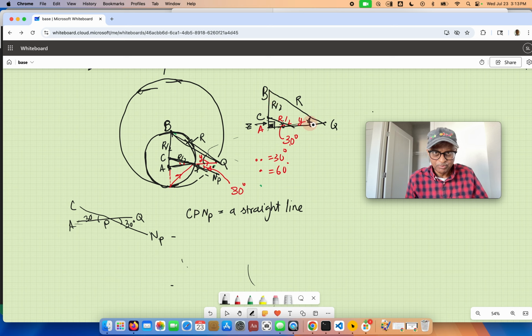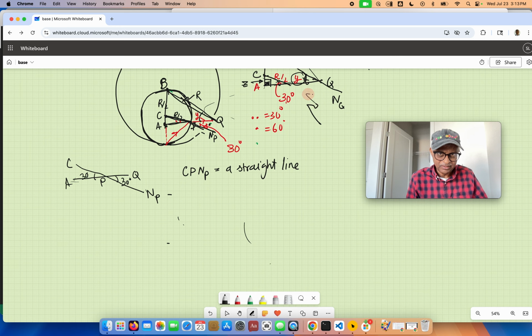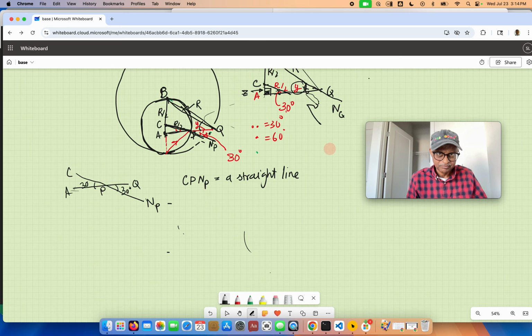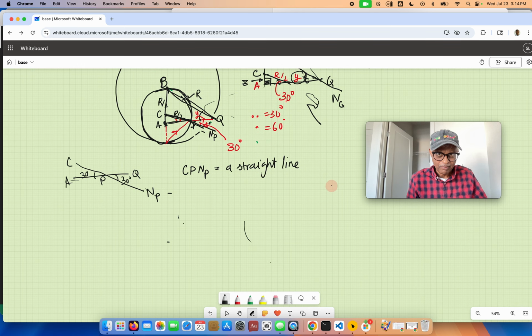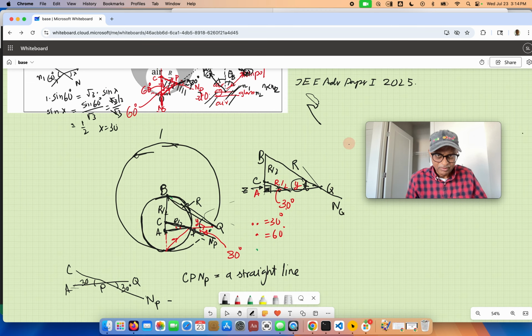So in this big triangle, we want the sine of that angle, because this is the normal at Q. So the angle we want is this angle, which is the same as that angle.